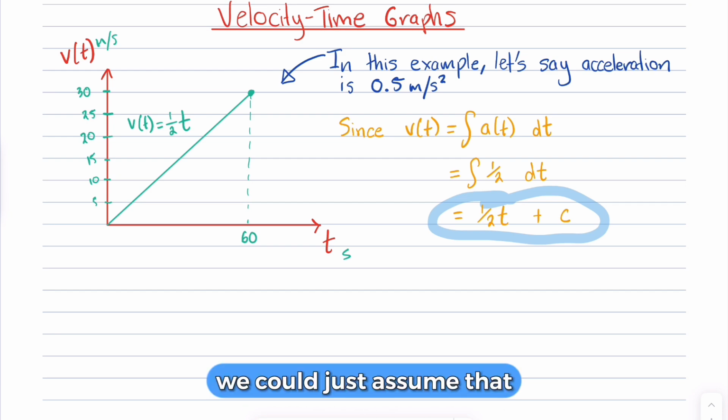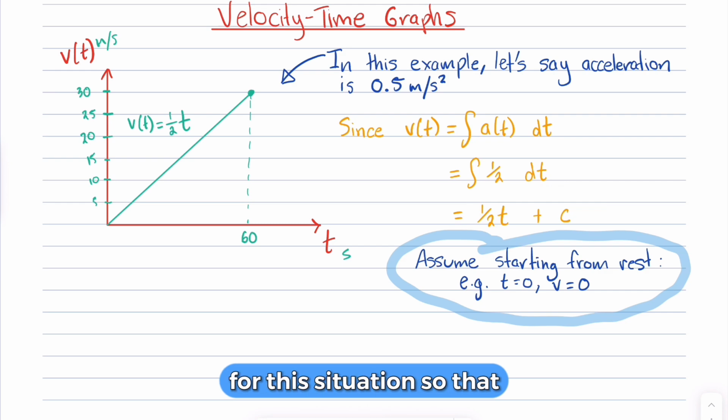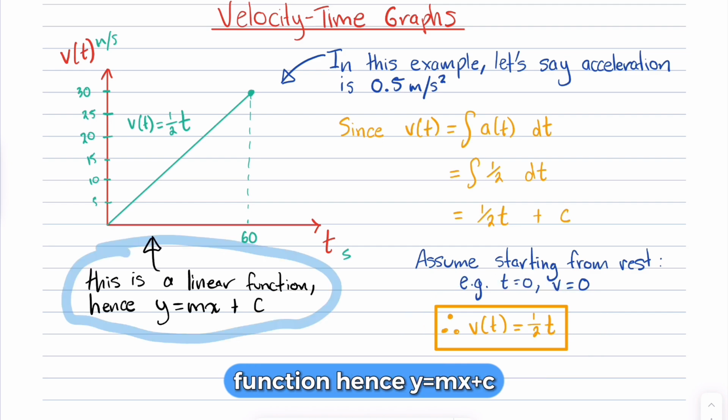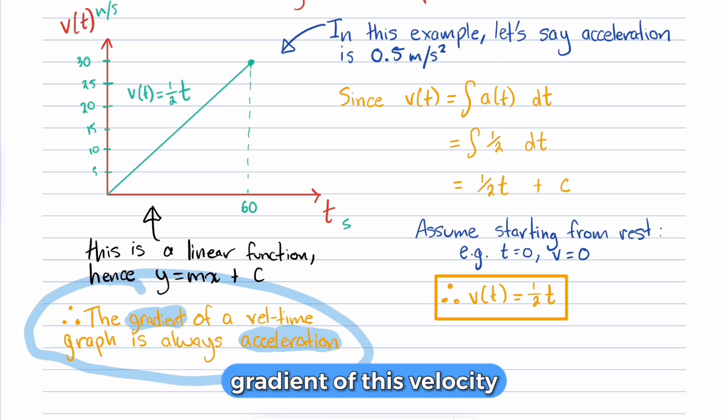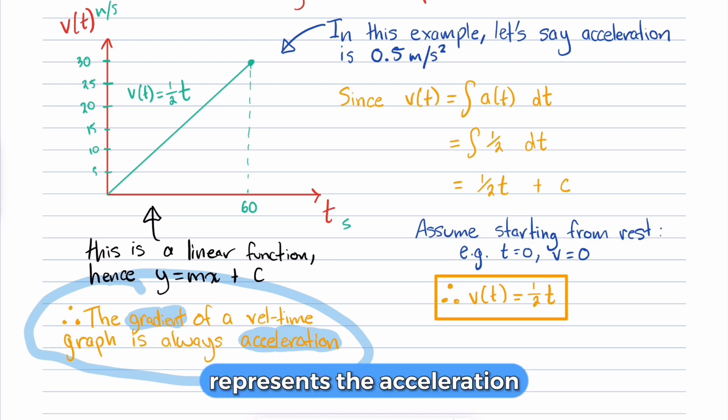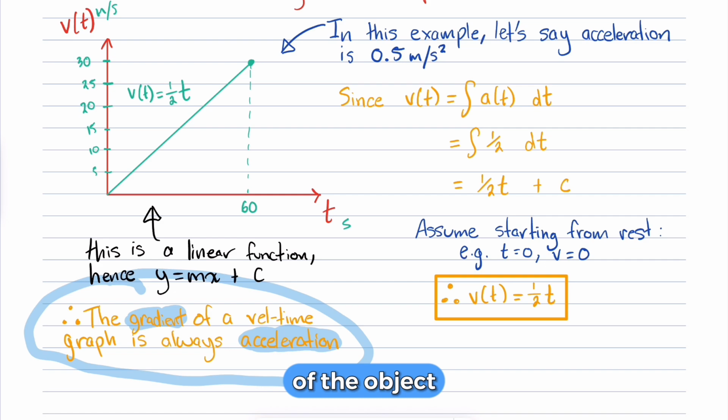We could just assume that we're starting from rest for this situation, so that means that when the time is equal to 0, velocity is equal to 0. And then therefore that gives us our velocity function. Notice this is a linear function, hence y equals mx plus c. So it makes sense that the gradient of this velocity time graph represents the acceleration of the object.